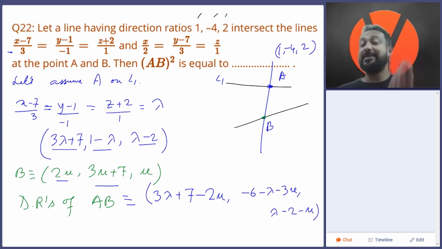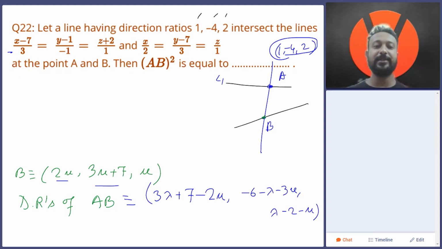AB should have the same direction ratio, or in some way the same proportional ratio, with 1 minus 4 2. It means what's the next thing we should do? Next thing is very simple, guys. It's so simple that we have done it so many times. The next step should be 3 lambda plus 7 minus 2 mu divided by this direction ratio 1.